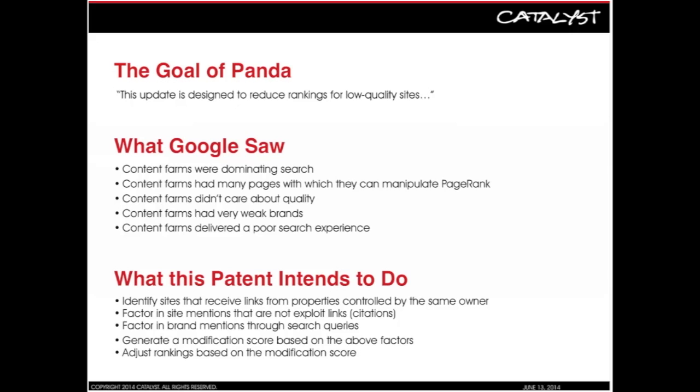So when this Panda patent was written, the goal was to identify websites that had links from other properties that the site owner owned, and really penalize and crack down on that website. You may recall content farms back in the day where you could create a blog network.